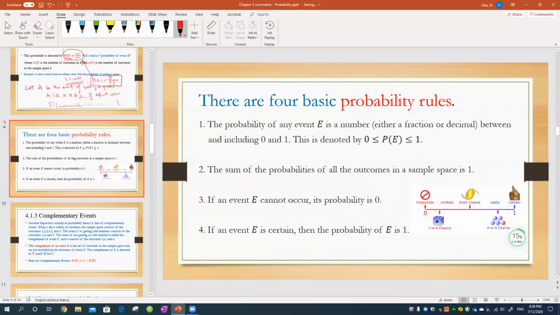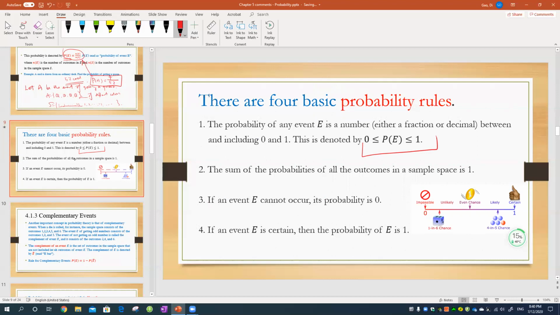Now let's look at 4 basic probability rules. The first one: the probability of any event E is a number. We can express it either as a fraction or with decimals. And the probability of any event E is a number between and including 0 and 1. So we can express this as 0 is less than or equal to probability of any event E, which is less than or equal to 1.